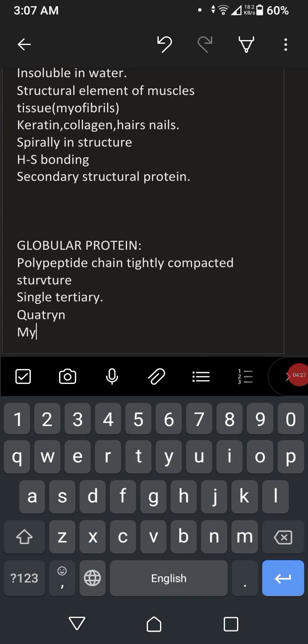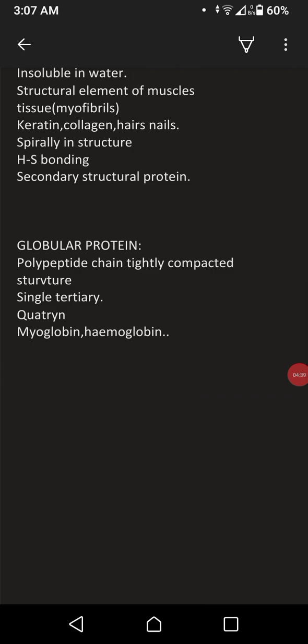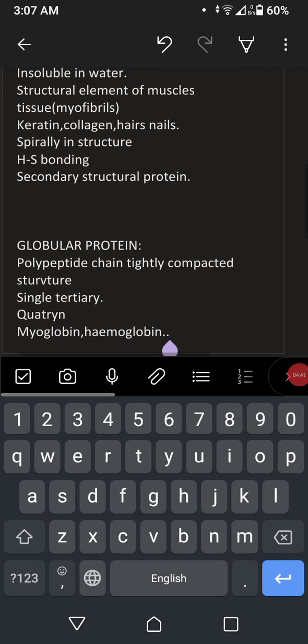The examples of globular proteins are myoglobin, hemoglobin, and many more.